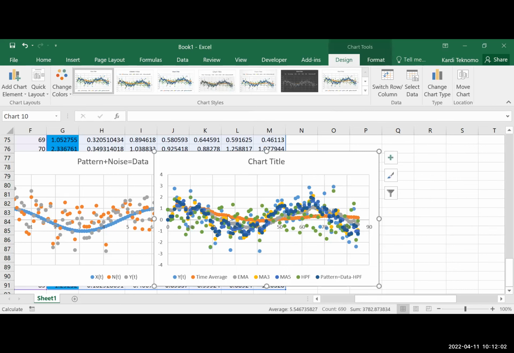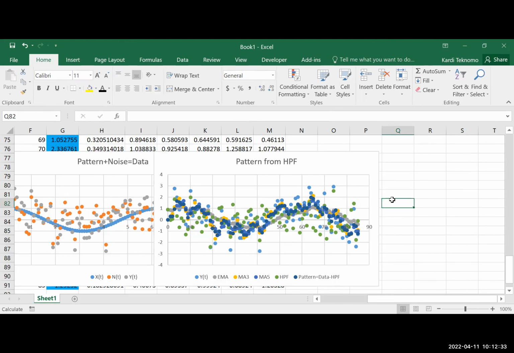There, I need to delete the time average. So this is the pattern from the high pass filter.